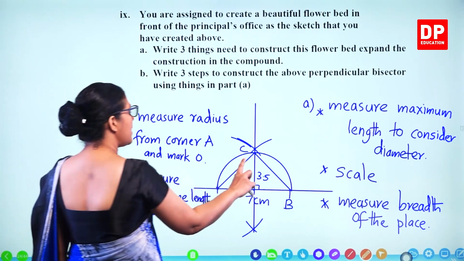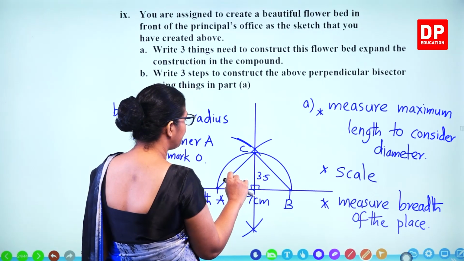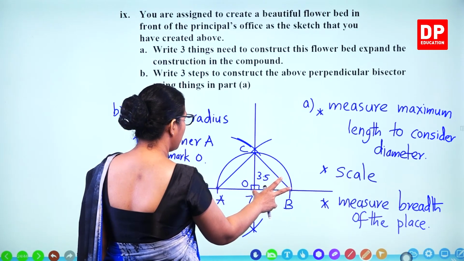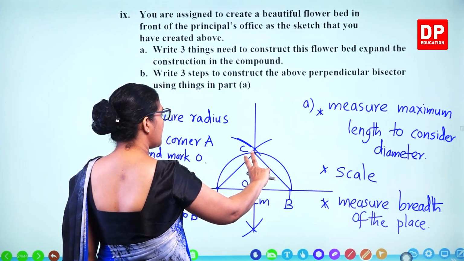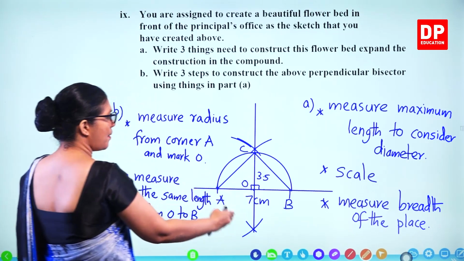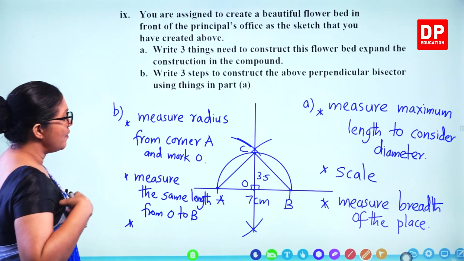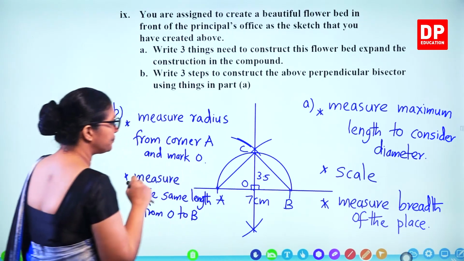And then again, what can you do? You can measure again perpendicular. Now we have point A and B.